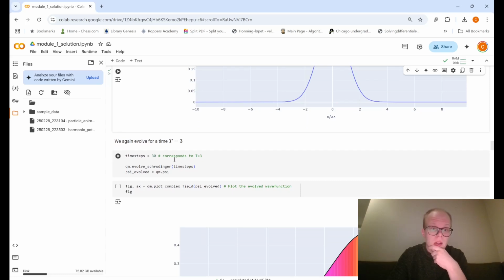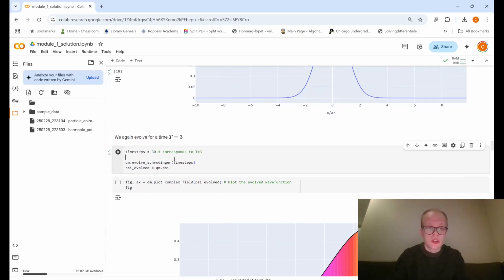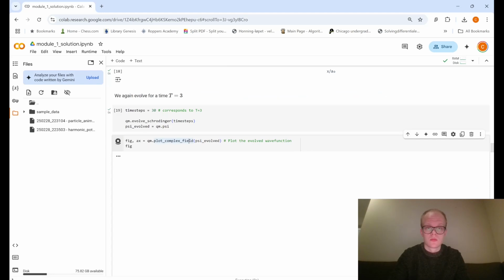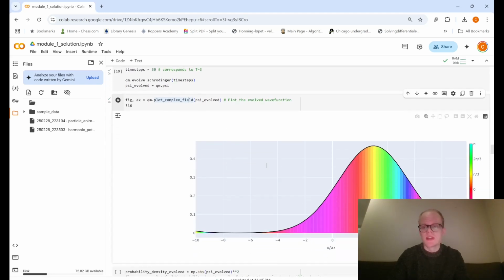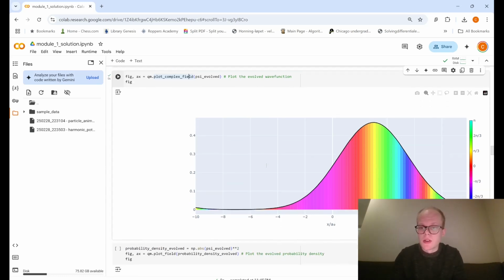And we do the time evolution. We plot. We see that it has momentum, so it's moved in the positive x direction. And we can also note that it's picked up a higher phase gradient on the right hand side, and maybe a bit of a lower phase gradient towards the left hand side.